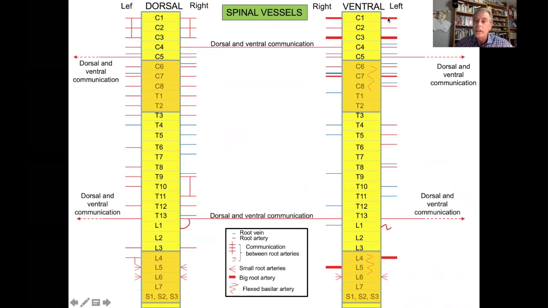And the ventral ones, the biggest, are the first and the third on both sides. C7 gets bigger again. And then here at the lumbar level, we have the L4 and L5, with L5 considered as the Adamkiewicz artery. Blue marks the veins and red marks the arteries. Not all the spinal segments get vascularized, so they get either a radicular artery or a radicular vein, as you see.